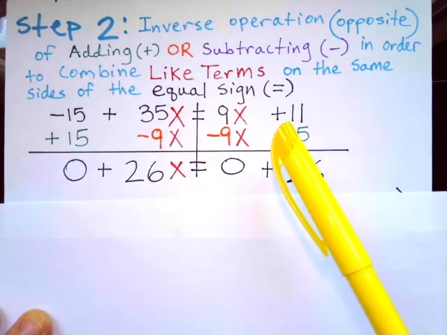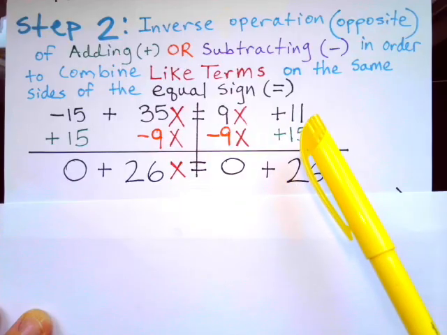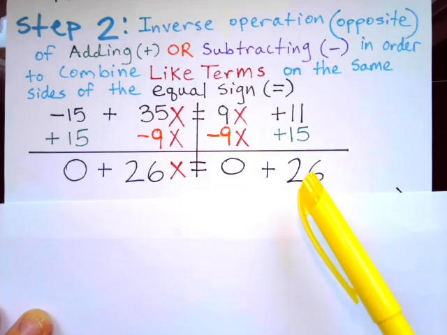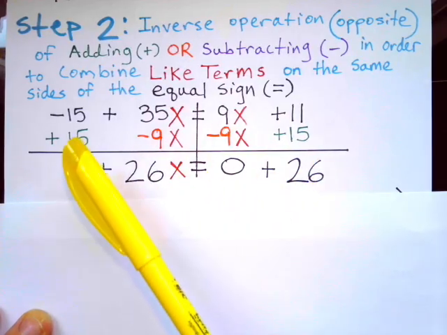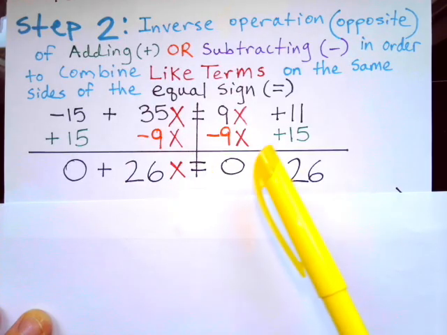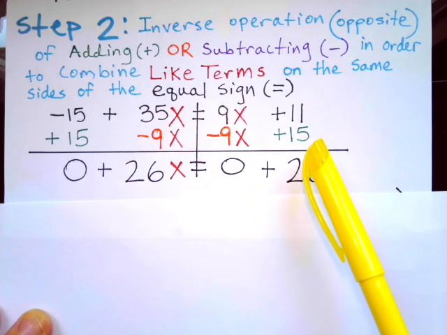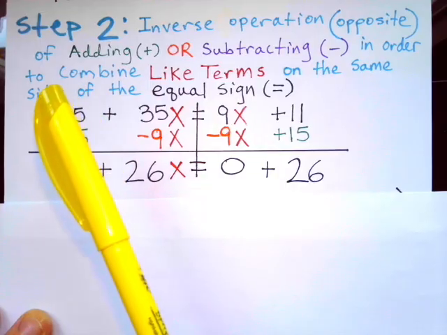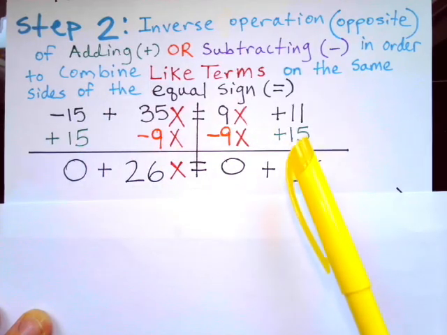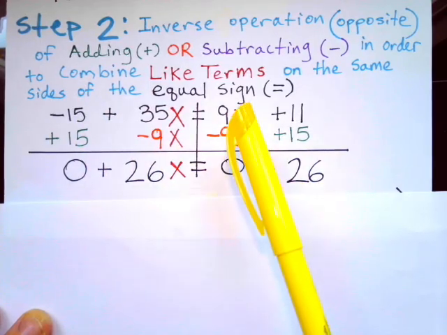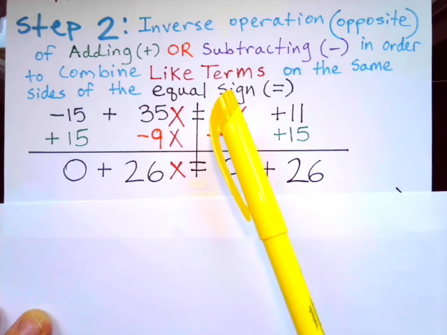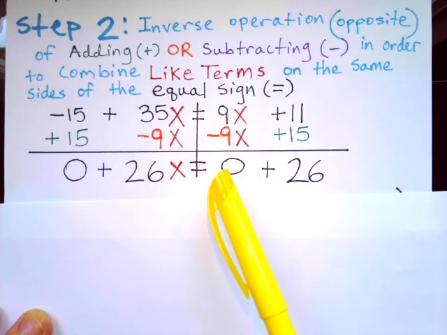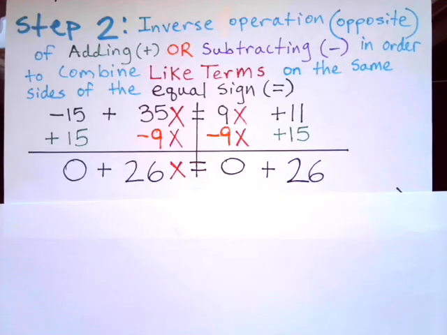And so on the right side, what's 11 plus 15? That's 26. Again, what I do to the left side of the equal sign, I have to do to the right side. 15 minus 15 is 0. 11 plus 15 is 26. 9 plus a negative 9, x is 0. And that's what I'm showing you here.